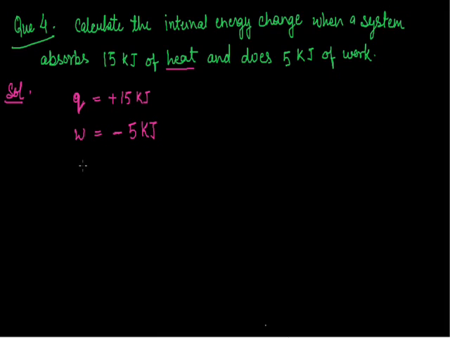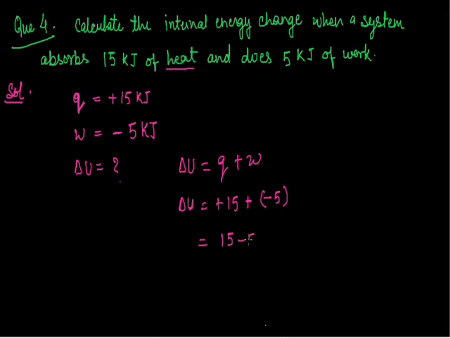And what is the question? Calculate the internal energy change. So according to the first law of thermodynamics, delta U is equal to Q plus W. Put the values from the above data. The value of Q is plus 15 and the value of W is minus 5. So when we solve it, 15 minus 5 is equal to 10 kilojoule.